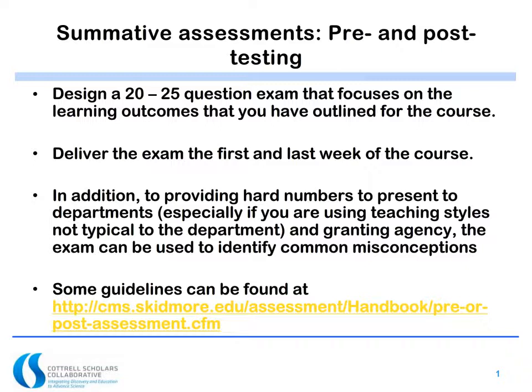A quality pre and post exam assessment tool includes, for each question, the correct answer and alternative answers that are frequently the misconceptions of your students. For guidelines on how to design a pre and post test, you can see the URL given here.